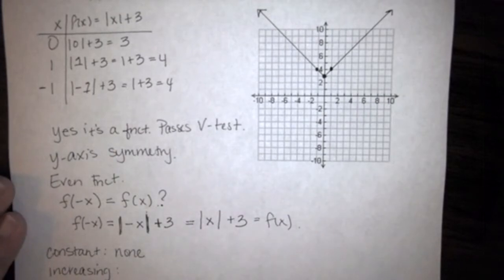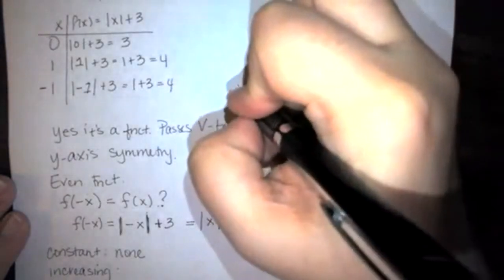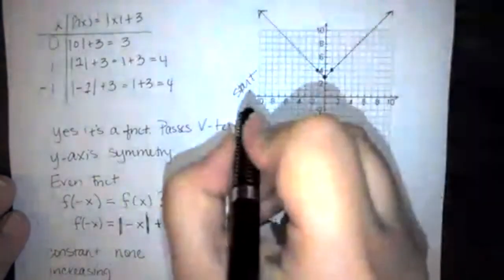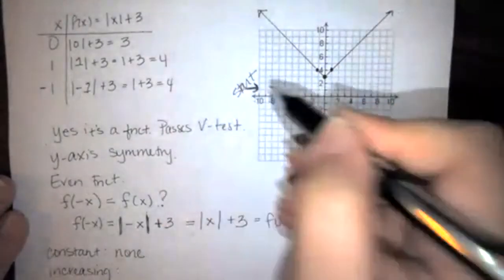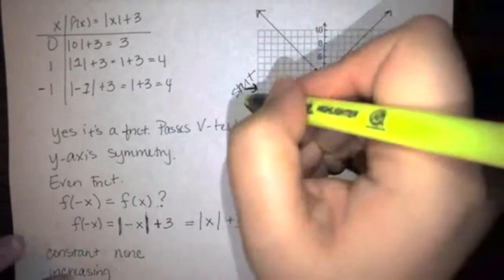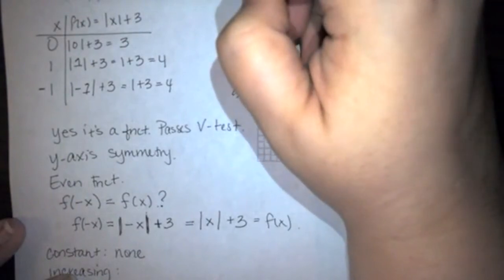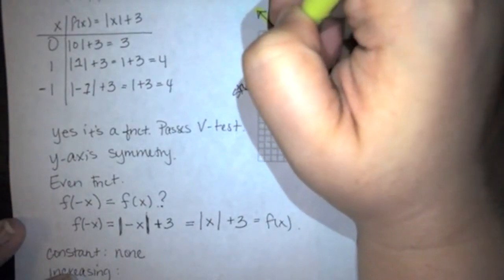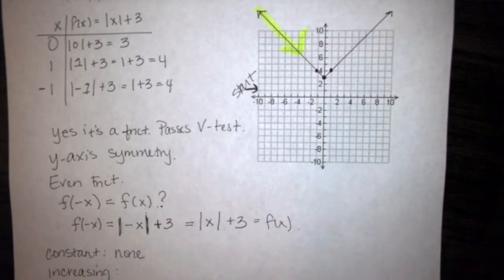Okay? So, we have to start over here on this leftmost side, and we are traveling in this direction. Okay? So when we do that, we're going to go ahead and put our pen down on the top of your graph. And as you travel, what happens? Well, we are traveling in a downward motion. Because we're traveling in that downward motion, it means to start with, we are decreasing.